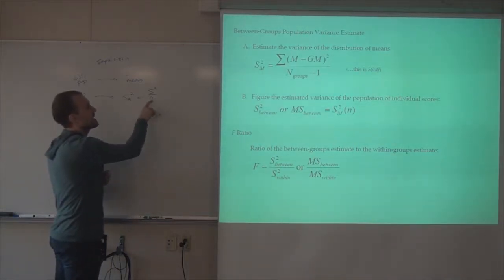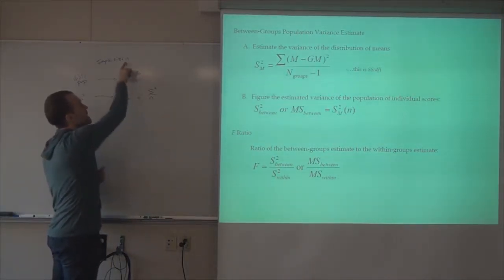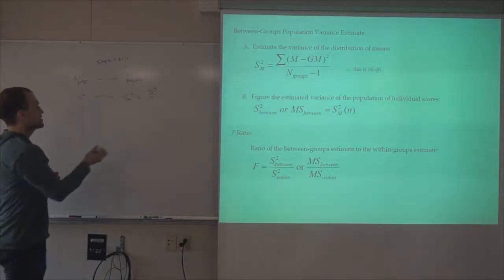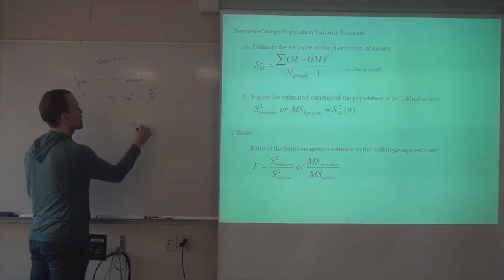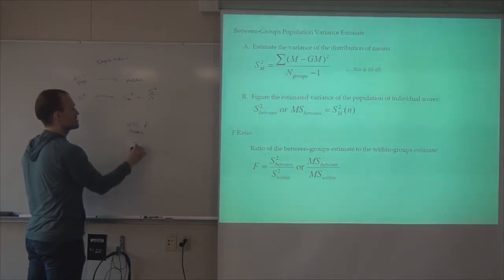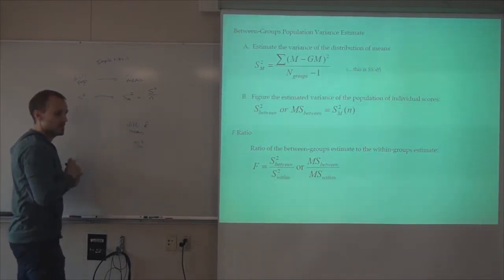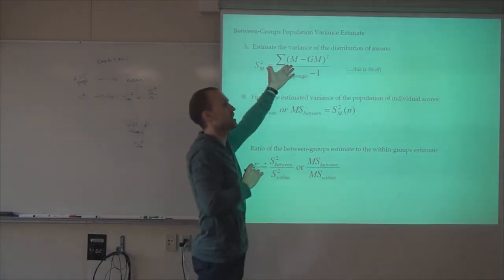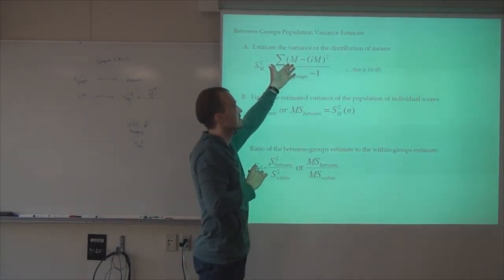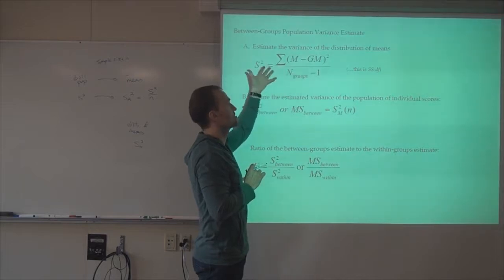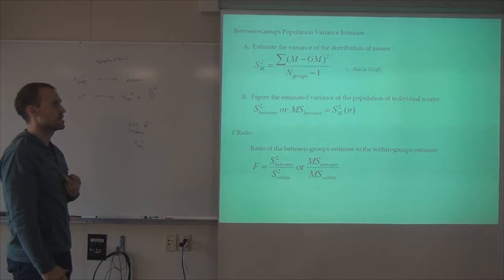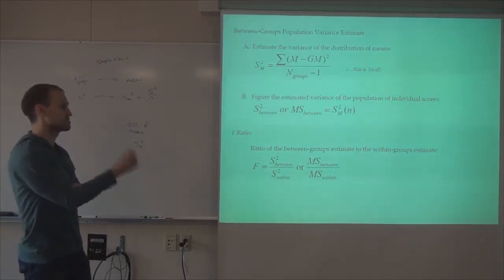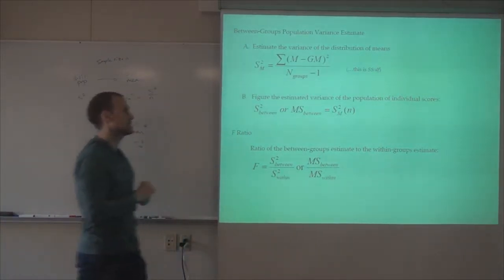So this n that I divided by here was coming from the sample size. Now if I want to go the other direction, which I do in this case, the distribution of means is what I have an estimate for, because I'm looking at a collection of sample means and calculating the variance among them, using that as an estimate for the distribution's variance, but the distribution is now a distribution of means.